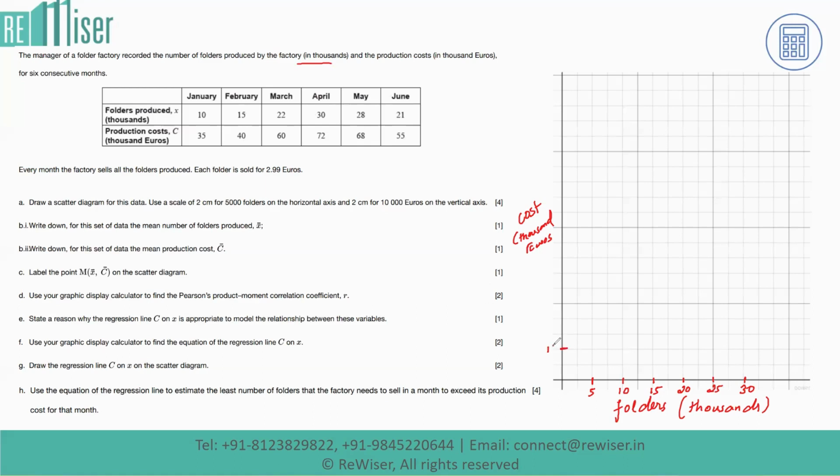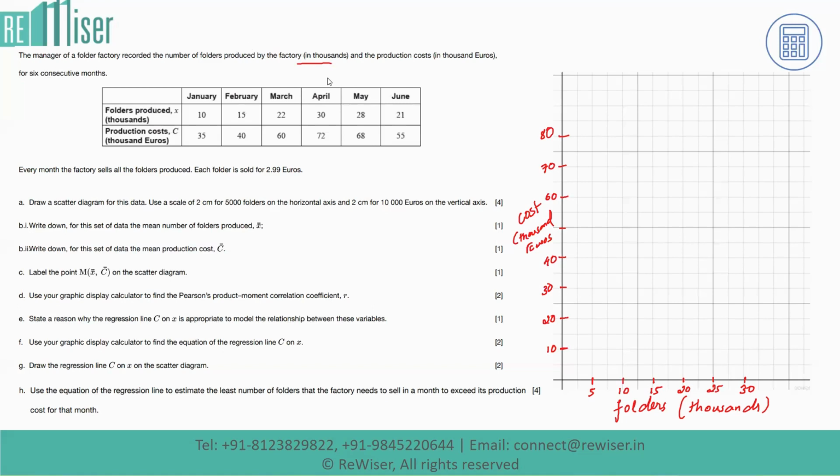So this is 10, 20, 30, 40, 50, 60, 70, and finally 80. Now we have to plot all these points.